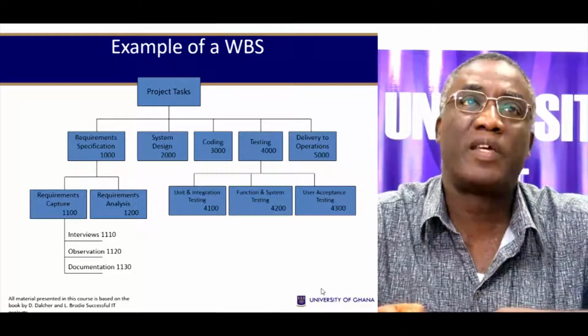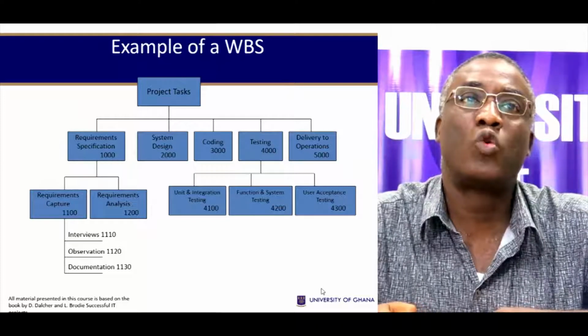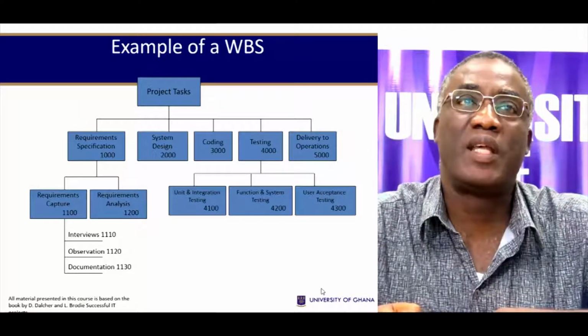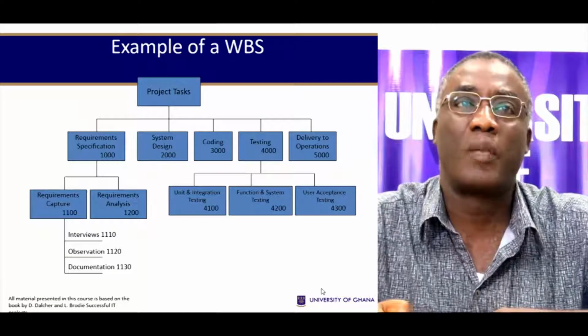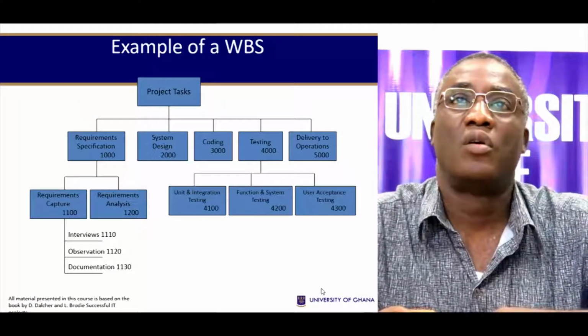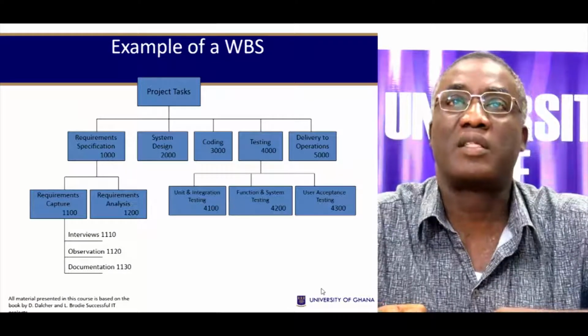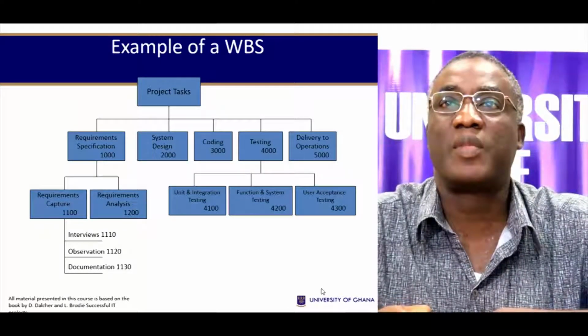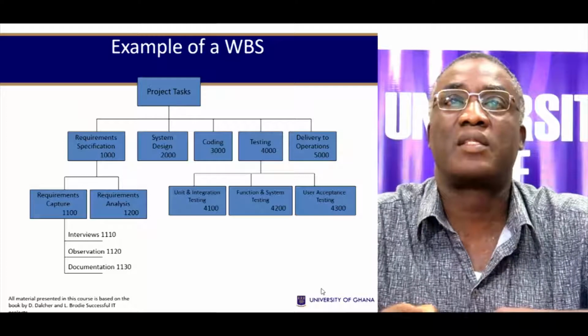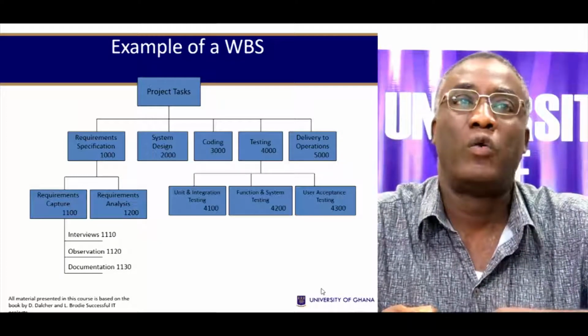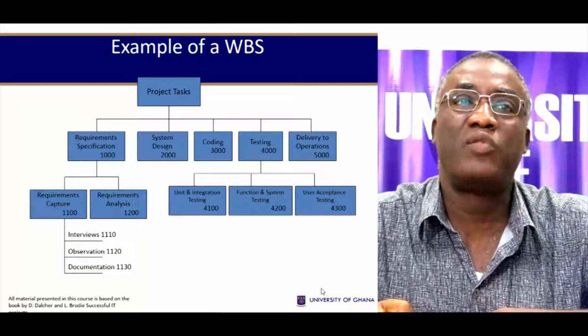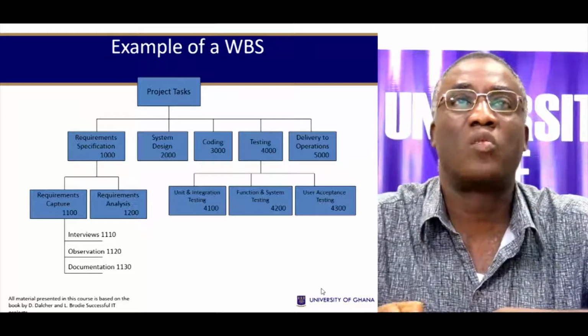Requirement specification will include requirement capture, which then has a subcode, requirement analysis. Testing requires unit and integration testing, function and system testing, and acceptance testing. Requirements capture requires interviews, observations, and then documentation.